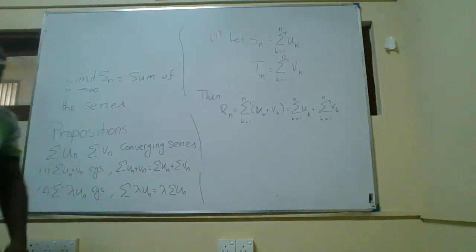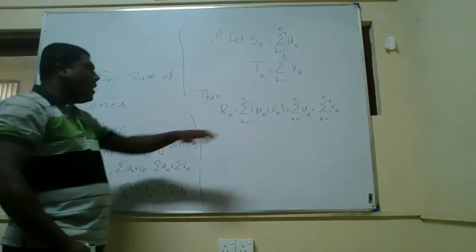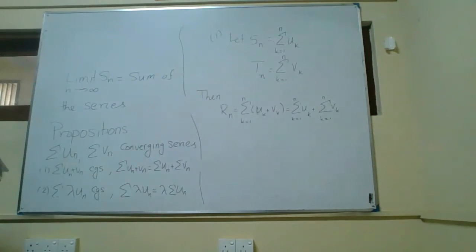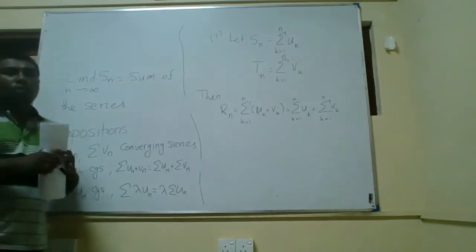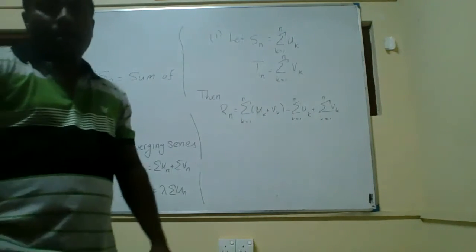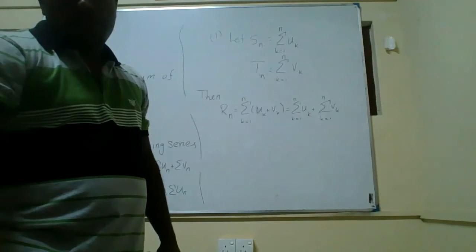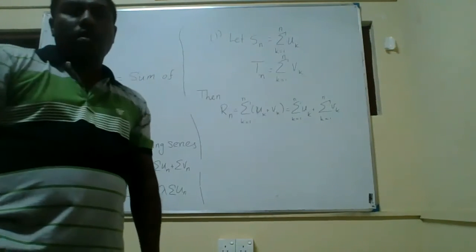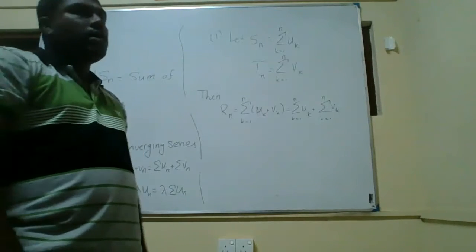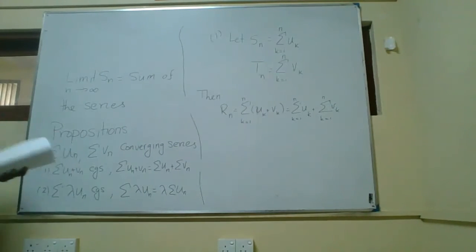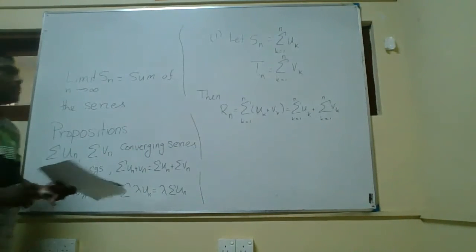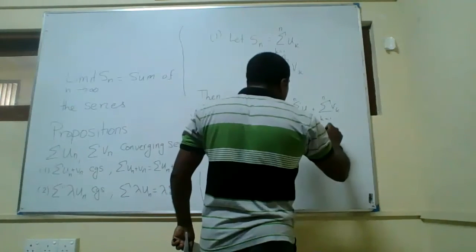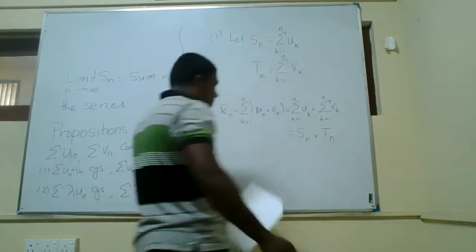By using all these properties, you can easily see that summation of uk plus vk is the same as summation of uk plus summation of vk. So in that case, Rn is equal to Sn plus Tn.